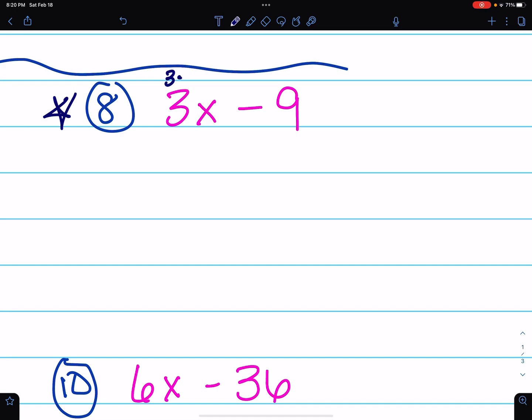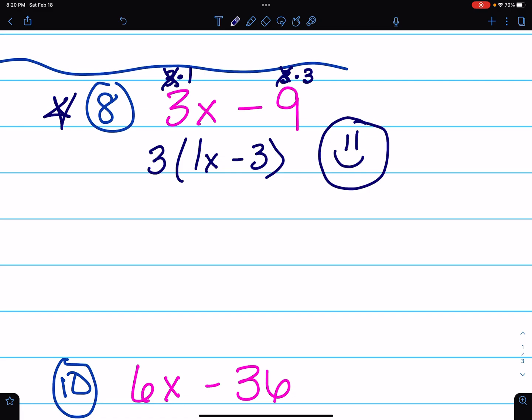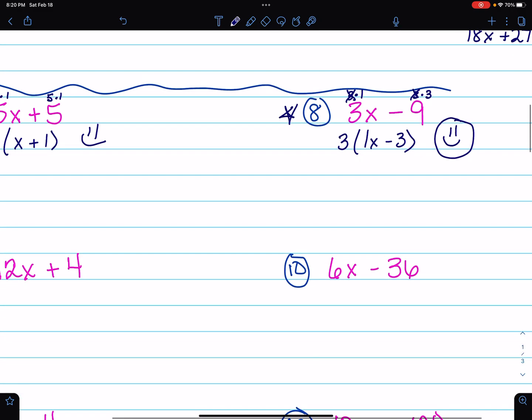So this guy is only 3 times 1, but this guy is 3 times 3. So that means I can pull the 3 out of both of them, and I'm left with 1x minus the leftover 3. Did you get that one right? All right, pat yourself on the back if you did. If not, you have the opportunity to try again.